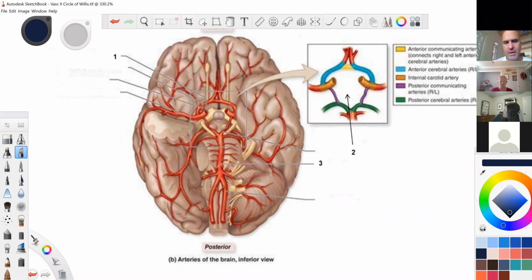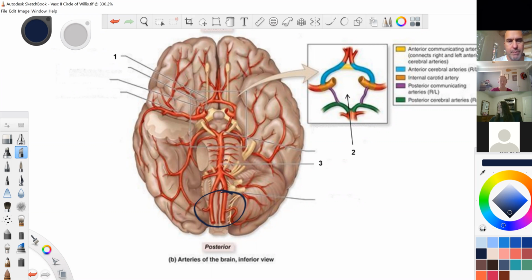This is the underside looking up at the brain. We have our vertebral arteries here. Those are the same vertebral arteries that you've been looking at.